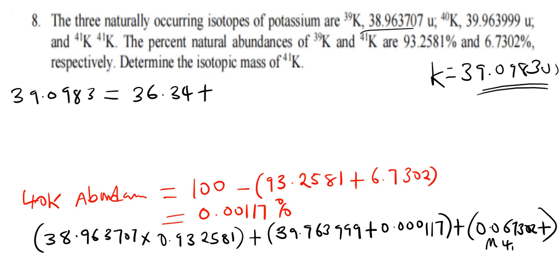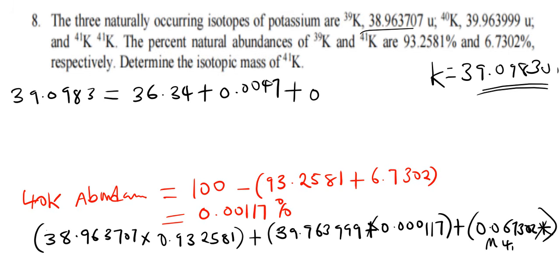Plus, I come to this other figure: 39.963999, multiplied by 0.000117. Here I have to be very, very careful. I'm finding 0.0047. Plus, this one again we're also multiplying.